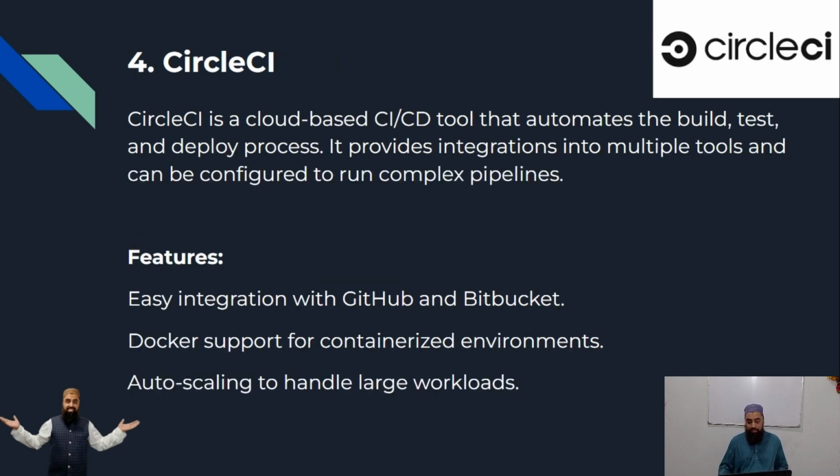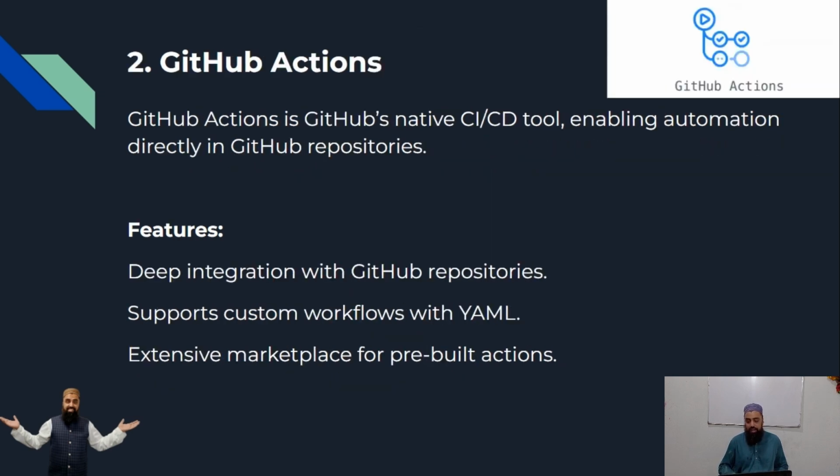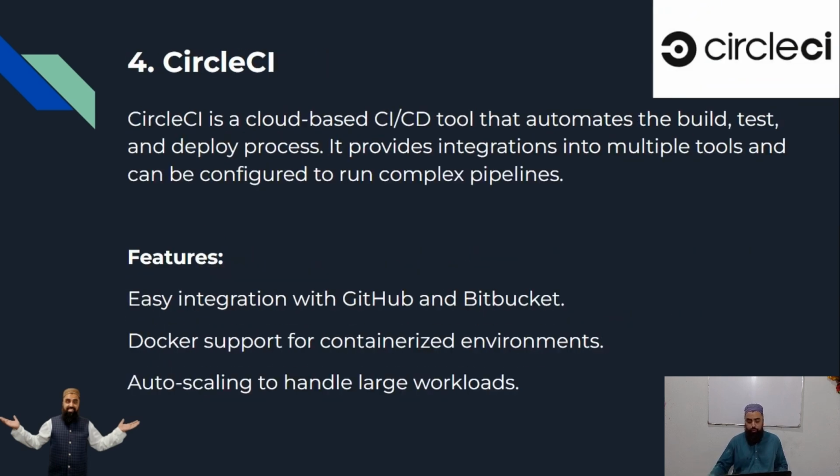Number four, CircleCI. Guys, I'm also sharing the logos here. You can see this is the logo of CircleCI, and just like we have this for GitLab CI/CD, this for GitHub Actions, and this one for Jenkins. I'm sharing the logos so that you know this tool is CircleCI. CircleCI is a cloud-based CI/CD tool that automates the build, test, and deploy processes.